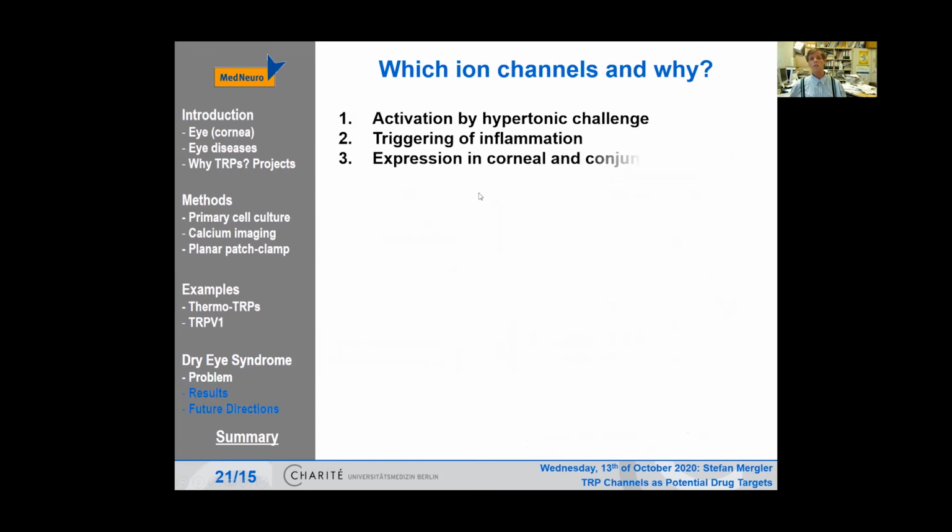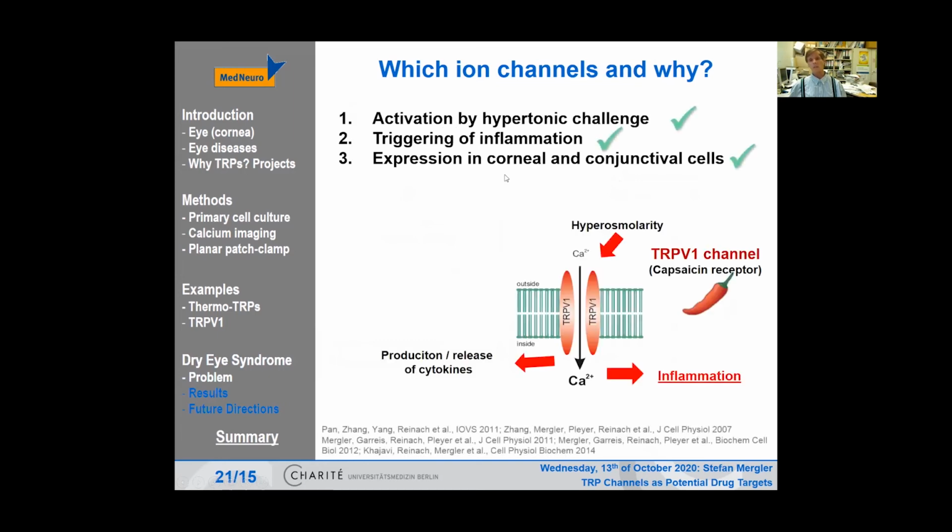It should be, of course, expressed in cornea and conjunctiva cells. And we know that TRPV1 is exactly fulfilling these conditions. That means TRPV1 can be activated by hypotonic challenge. It can lead to inflammation processes because of cytokine release. And as I showed before, this channel is expressed in cornea and conjunctiva cells.